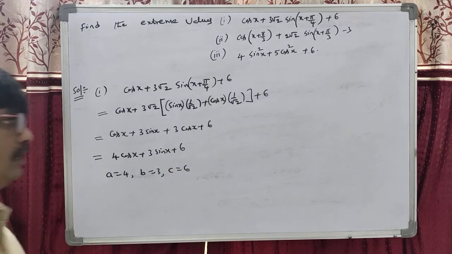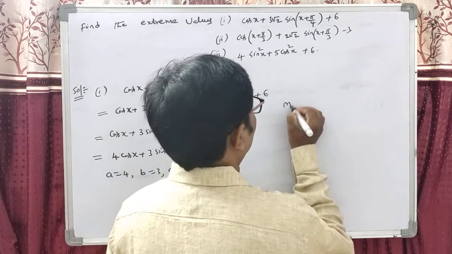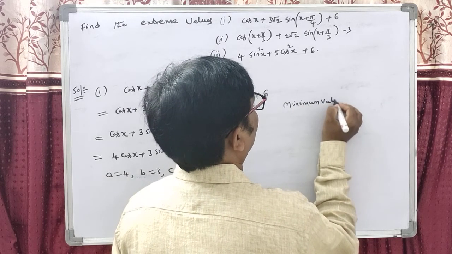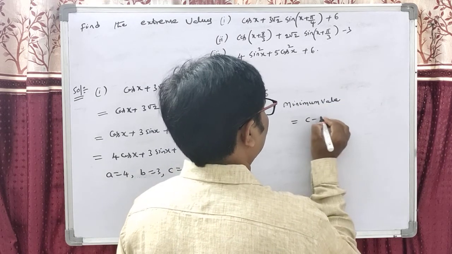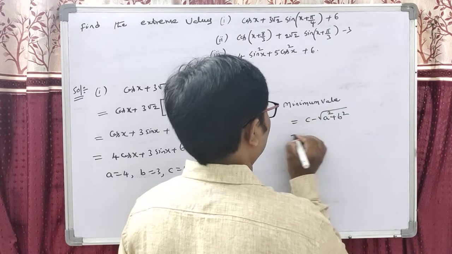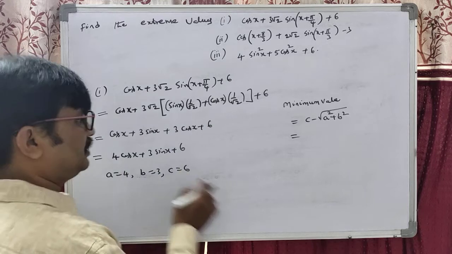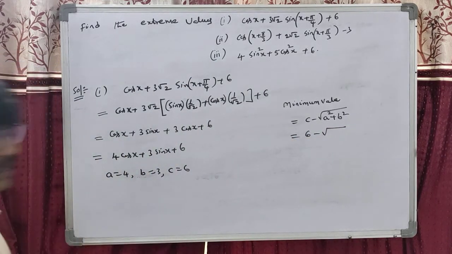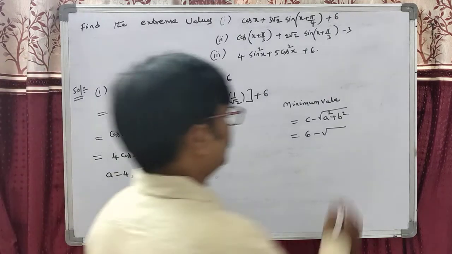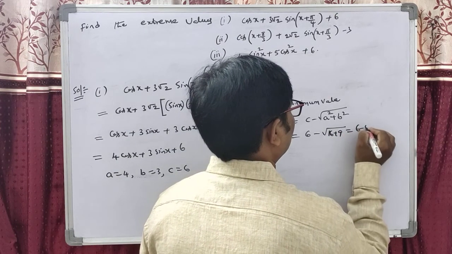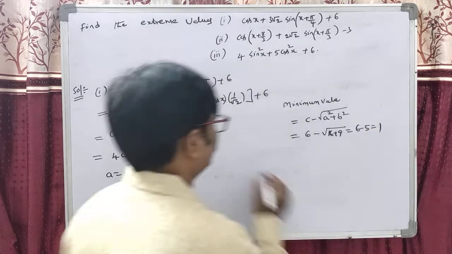Now students, the minimum value is c − √(a² + b²), that is 6 − √(16 + 9). So 6 − 5 is 1.